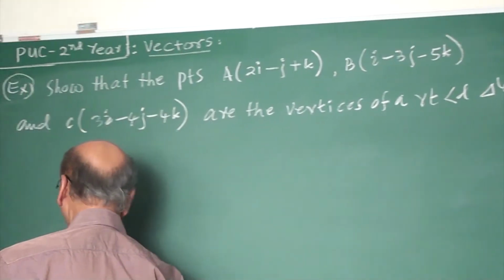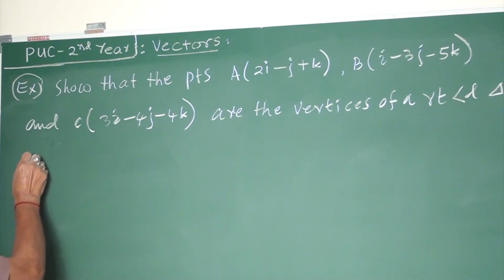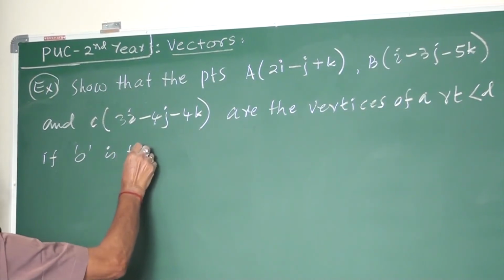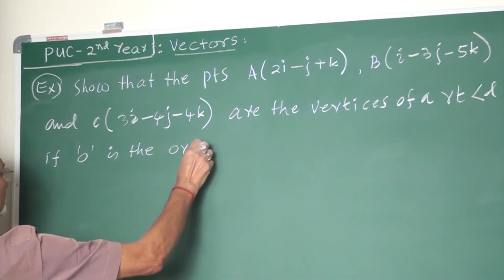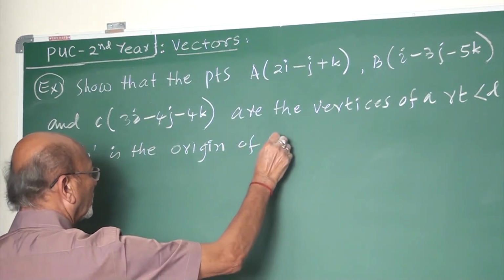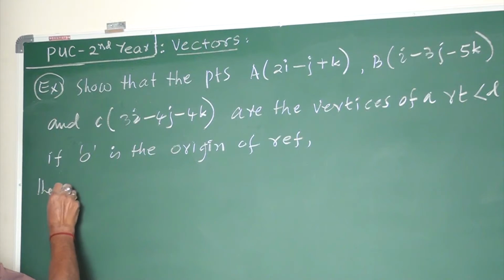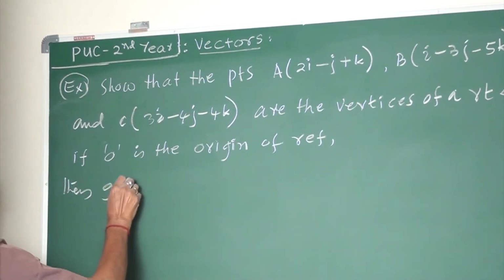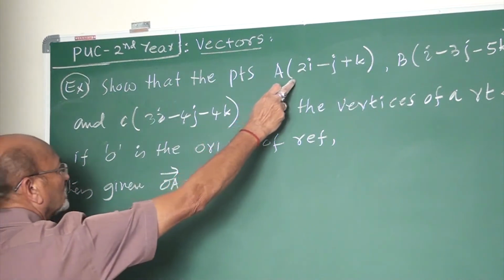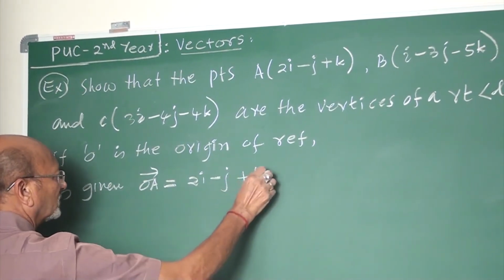Yes, my friend. Position vectors of the points A, B, C are these. If O is the origin of reference, then given vector OA is 2i minus j plus k.